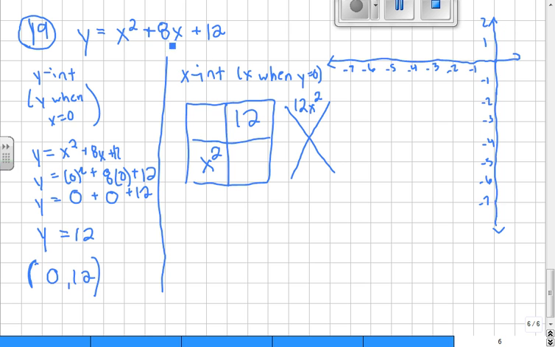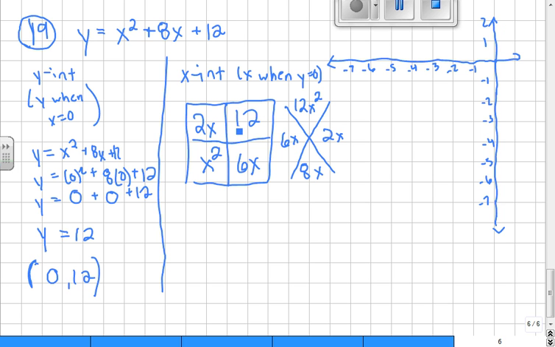And we know that it's going to add to the bx term, which is 8x. So we have to ask ourselves what multiplies to 12x squared and adds to 8x. That would be 6x and 2x. So we're going to plug 6x and 2x back into our generic rectangle.